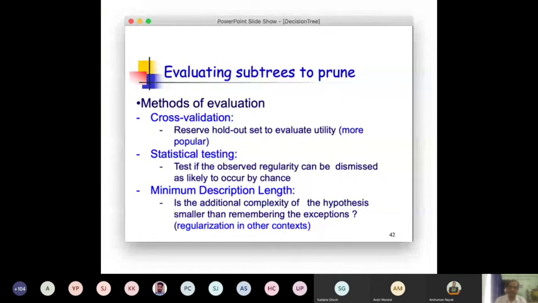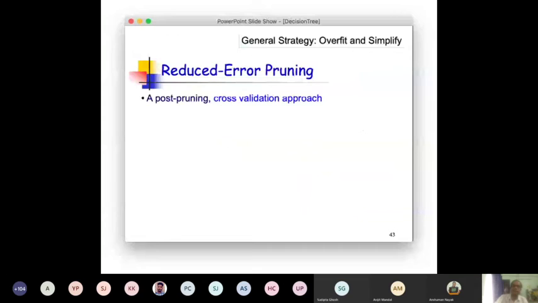If you find that the reduction is smaller than the size of storage of the exceptions, then you can choose that hypothesis. So this is the kind of criteria.